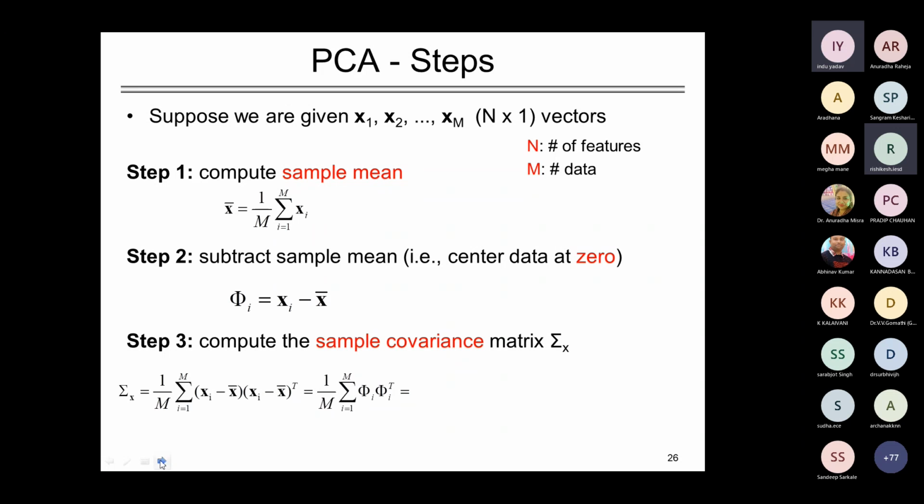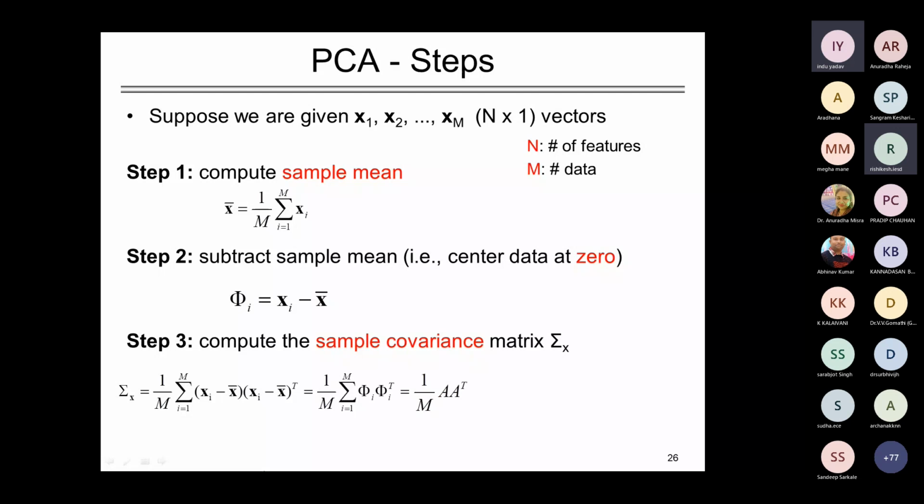Sigma x will be 1 upon m summation i from 1 to m of (xi minus x bar)(xi minus x bar) transpose, and it will be equal to 1 upon m summation of phi i phi i transpose.